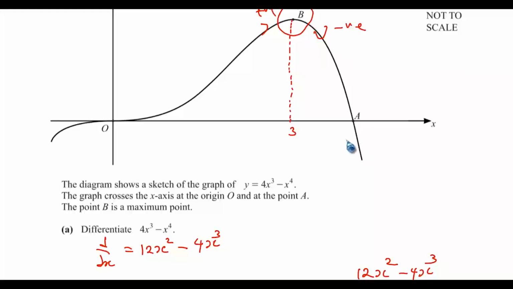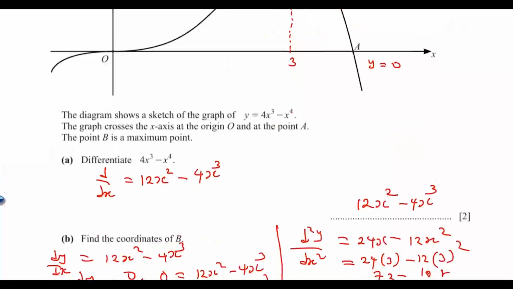Okay, so how can we get that? At point A, y is equal to 0. So that means we can substitute 0 into this equation and we'll get the value of x.